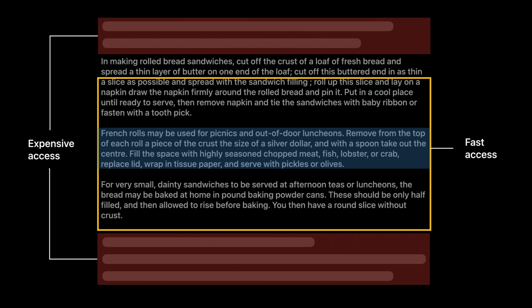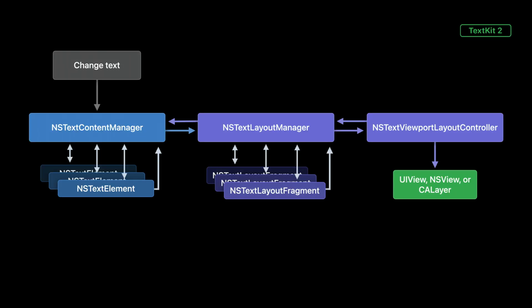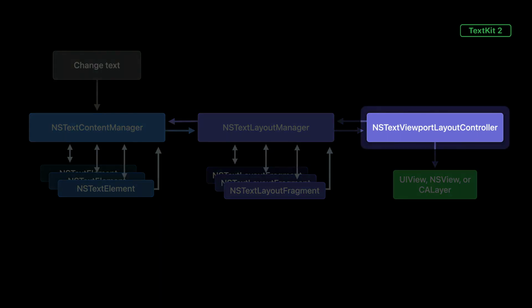The layout information for elements outside the viewport might not be accurate unless you explicitly ask to ensure layout for the text ranges corresponding to those elements. This call can be expensive, especially for large documents. Revisiting our flow diagram from earlier, there's another new controller class to help us manage the viewport.